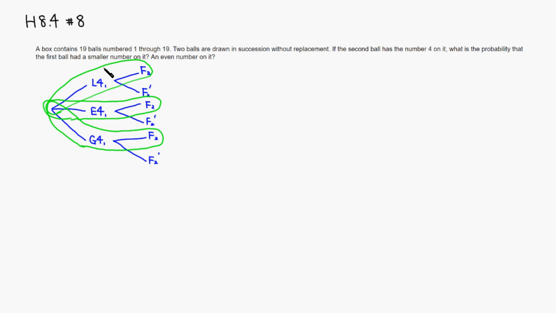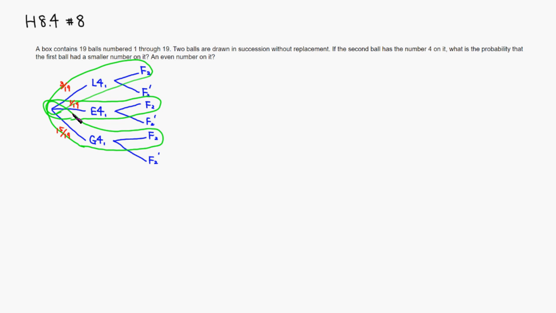Less than 4 would be 1, 2, and 3, so 3 out of 19. Equal to 4 would be 1 out of 19. And greater than 4 would be the rest of them, so 15 out of 19.